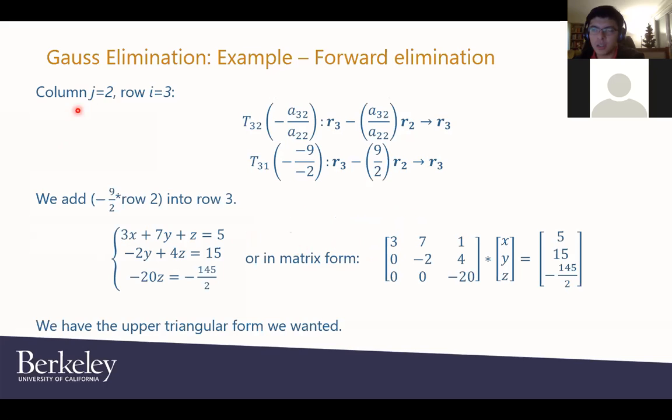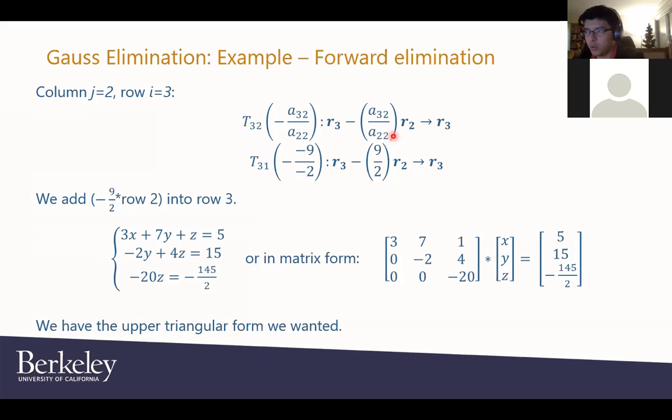Then we go to the second column, j equals 2, and we want the rows below the diagonal. Since it's just 3 by 3, the only row is row 3. So we want row 3 minus this ratio of row 2 assigned to row 3, such that row 3 has an element that disappears.